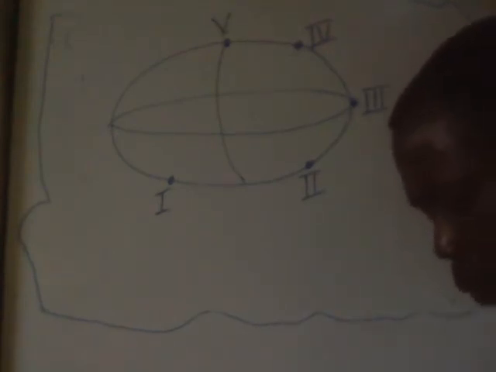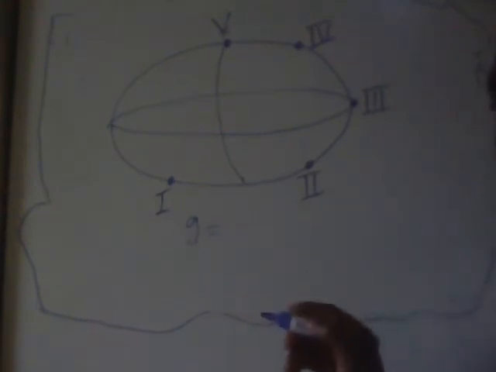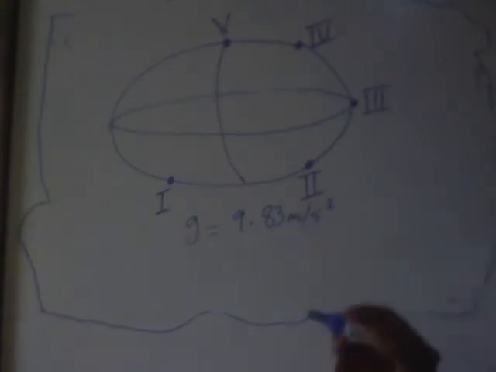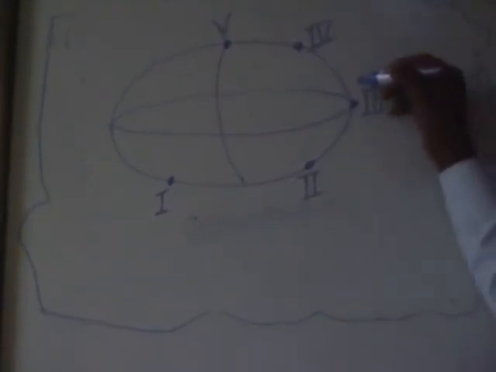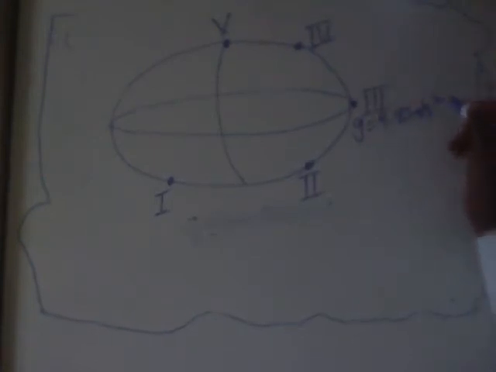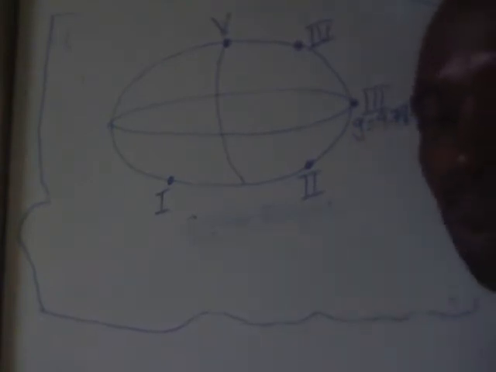Now we know that at the equator, acceleration due to gravity G is roughly 9.78 meters per second square.